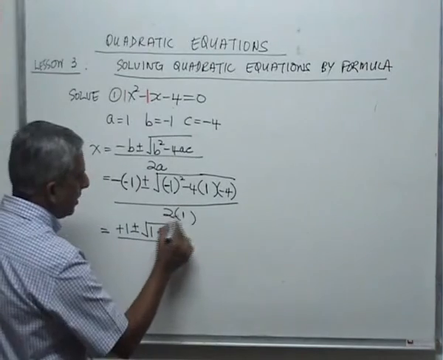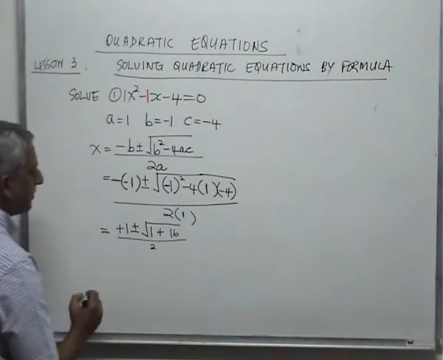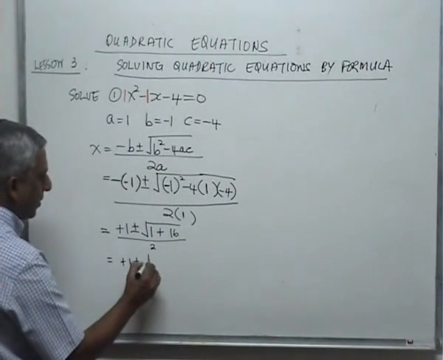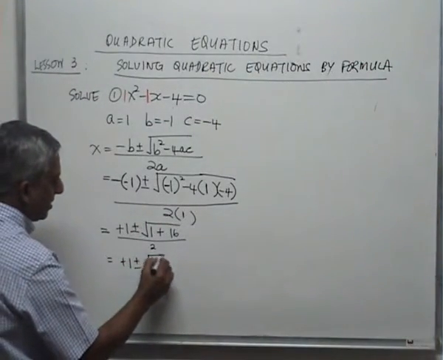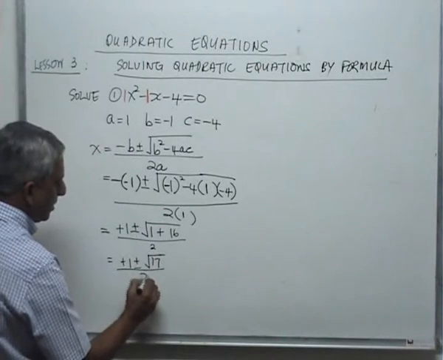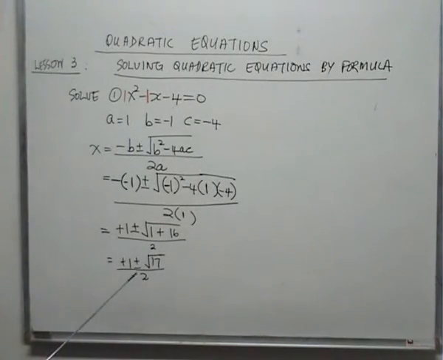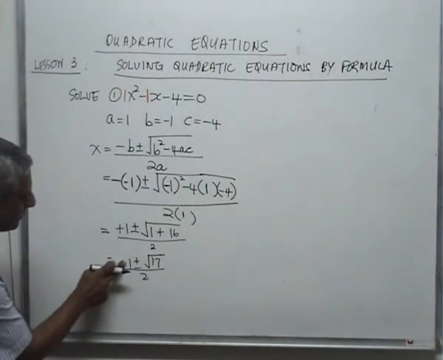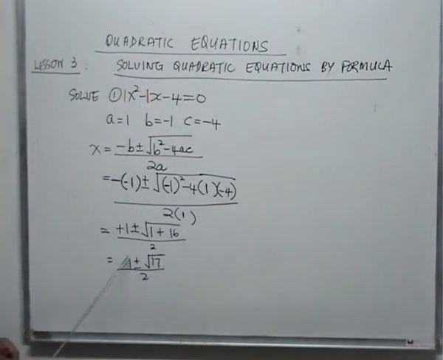All over 2 times 1, 2. Now that's plus 1 plus minus the square root of 17 all over 2. You'll notice I don't have to write this plus 1, so I can just write 1 plus minus the square root of 17 all over 2.